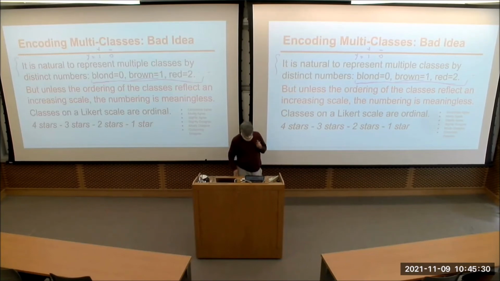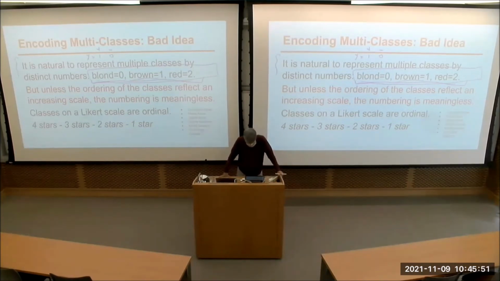What's a limitation? What makes it a bad idea to encode multiple classes by one variable? Let's say we're encoding hair color by a variable. What is the property that we would want the numbers to reflect?